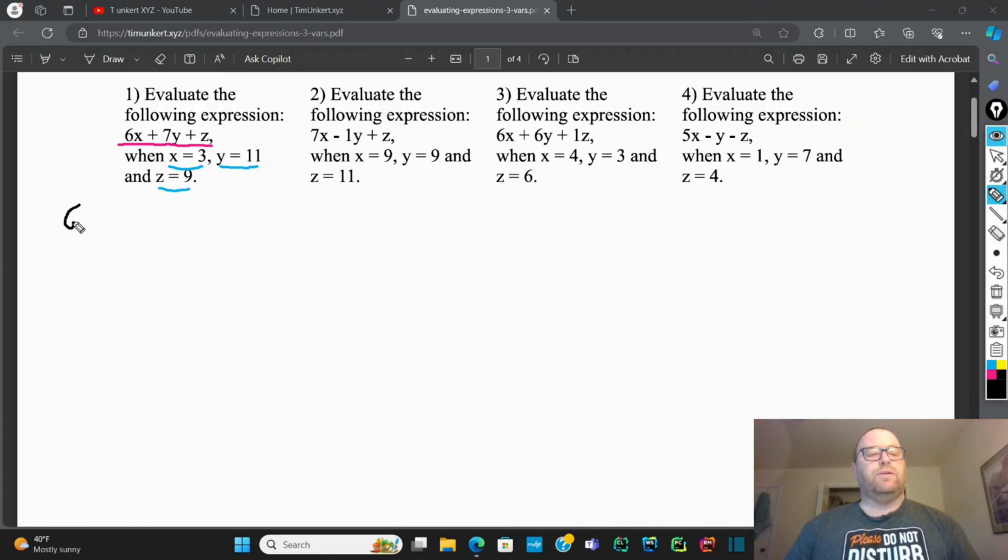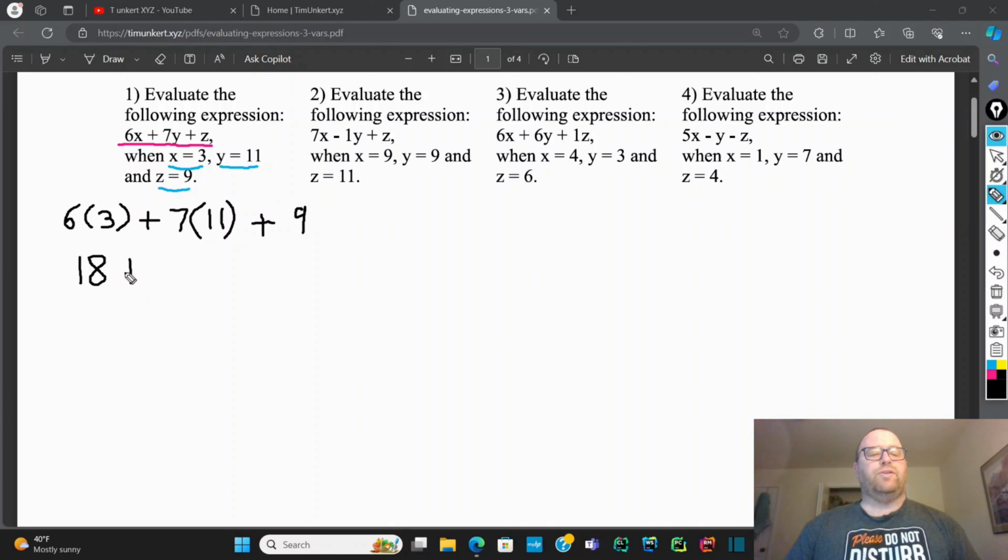So we'll do 6 times 3 plus 7 times the y value, which is 11, plus the z value, which is just 9. Okay, all right, so we're going to do 6 times 3. 6 times 3 is 18.